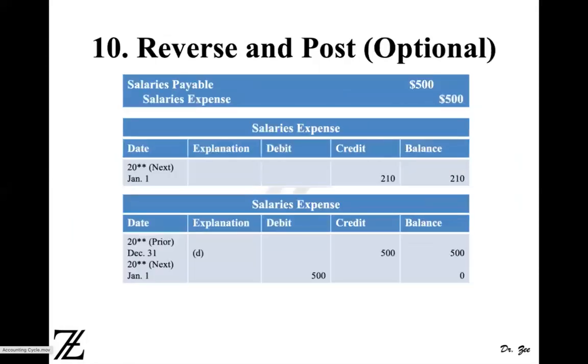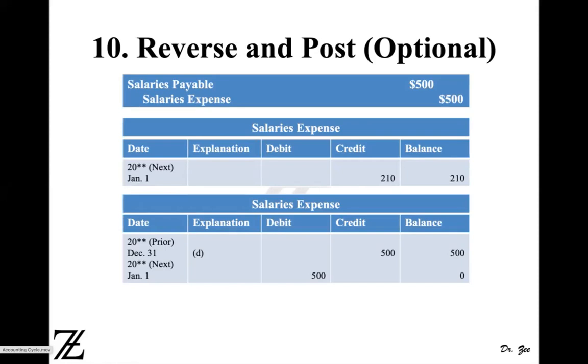All right, the next is an optional item. You reverse and you post. So in some periods you may not have reversing entries, so you don't have to worry about it. In others you do. So if you have a reversing entry, you do that. So for example, salaries expense and salaries payable is reversed.